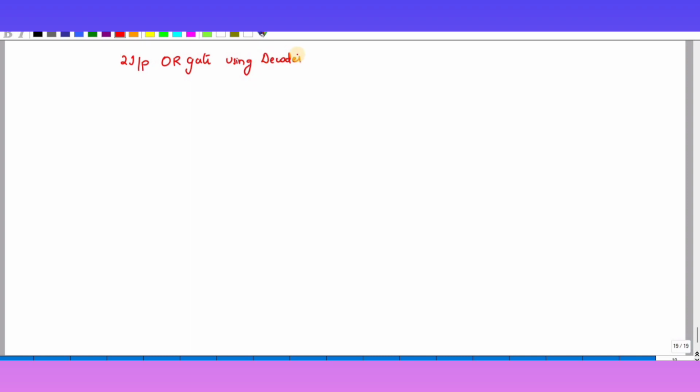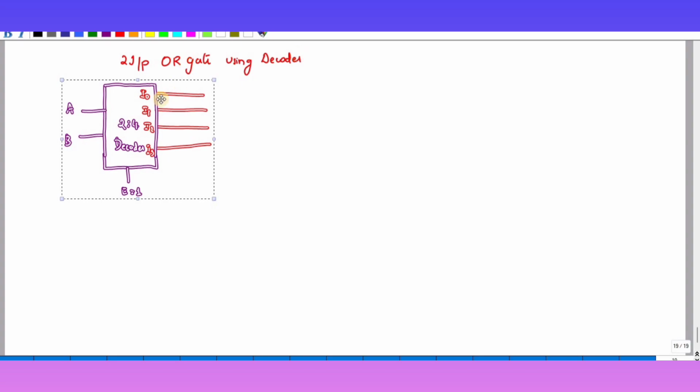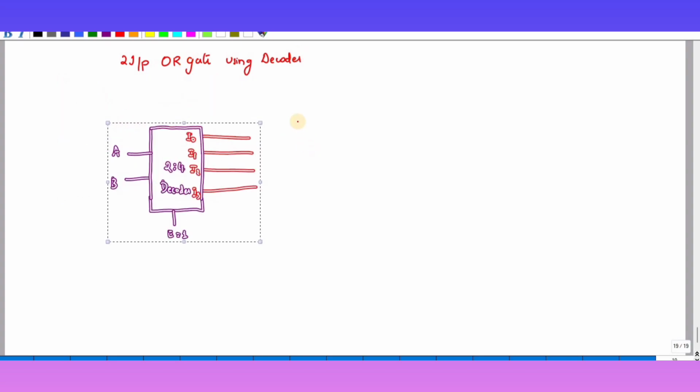So let me copy this one. This value is A bar B bar, this is A bar B, this is A B bar, and this is AB.